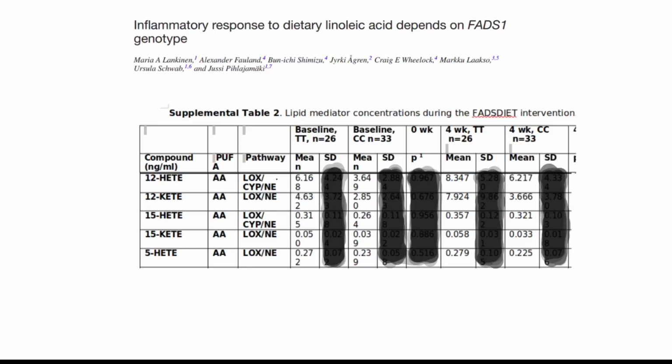I love the study. It was done in Finland, and the Finnish diet is pretty low in linoleic acid. And so these people on the baseline diet, they're consuming 8 grams per day of linoleic acid. They have this divided into 2 different genotypes. So this is genetics here. So there's 2 copies of the gene.